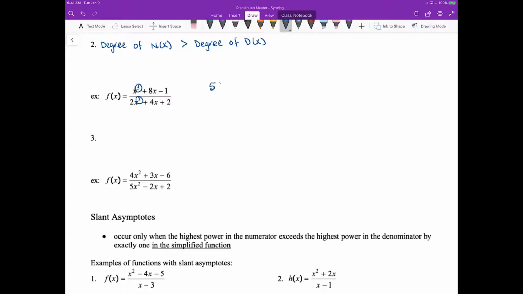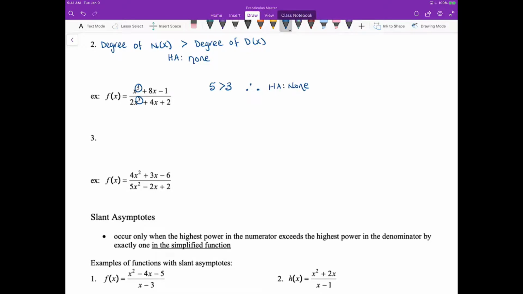So automatically, if the degree is greater in the numerator than the denominator, then there is no horizontal asymptote. No horizontal asymptote is present. 5 is greater than 3, therefore there is none.